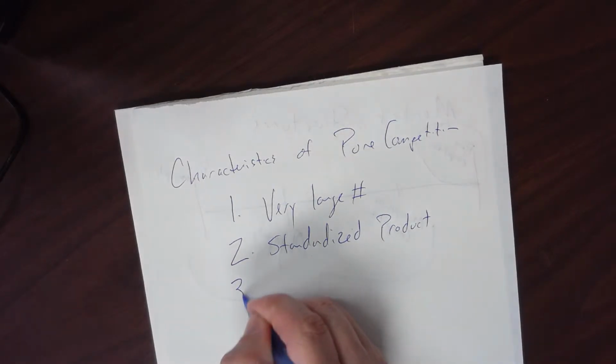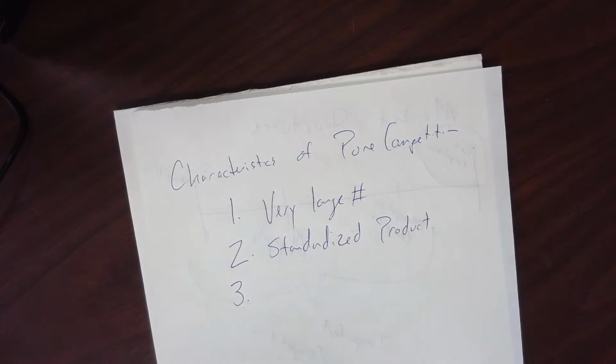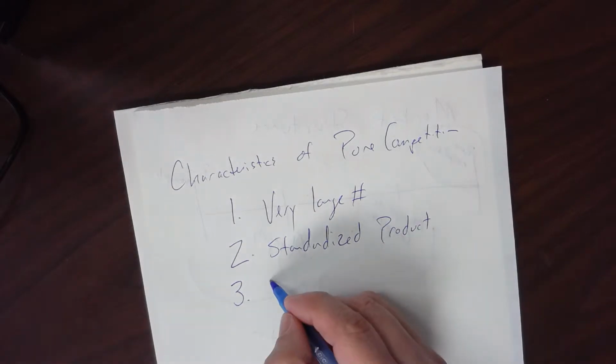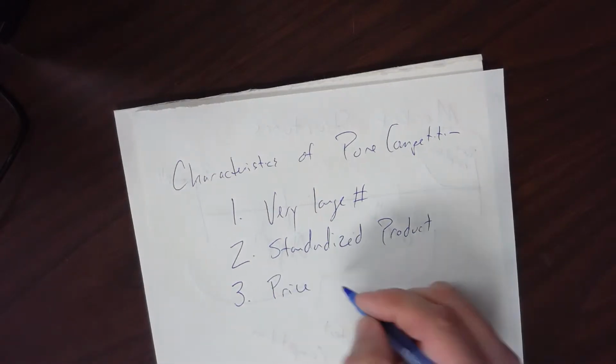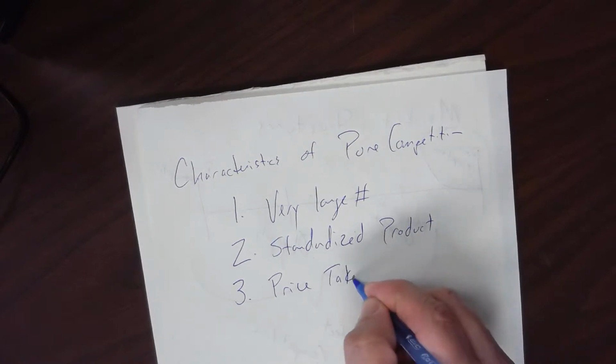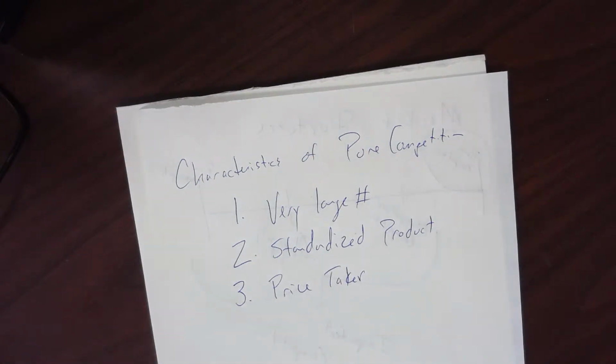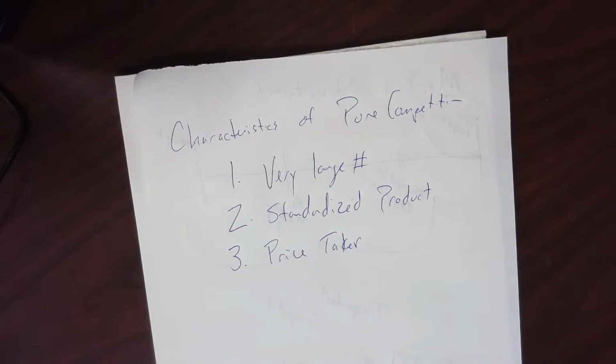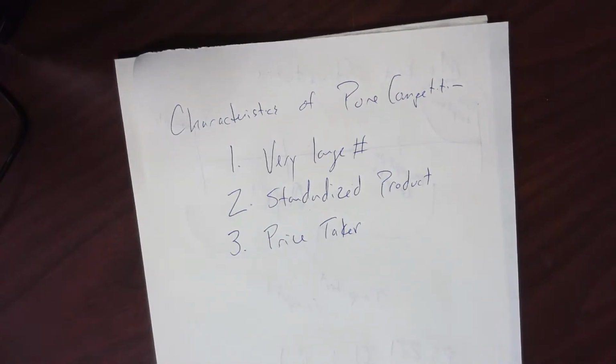Alright. Probably the most important characteristic is number 3. That is called a price taker. Right? Them being price takers, they have no control over the market price. The market sets the price. They can't do anything with it.